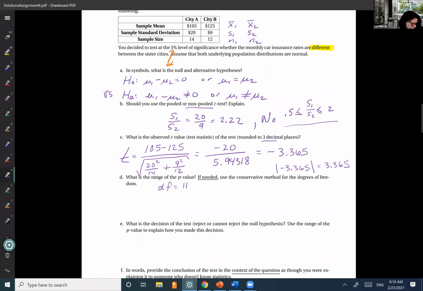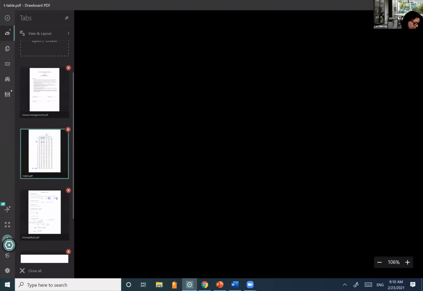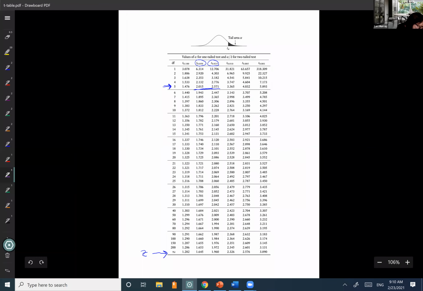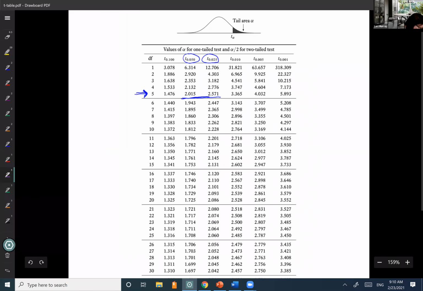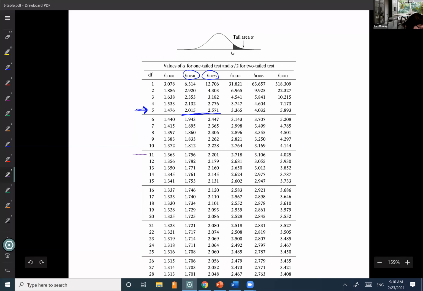Now we can get the range of the p-value. We want to look up 3.365 on our table on this row, 11 degrees of freedom, that's the conservative method.